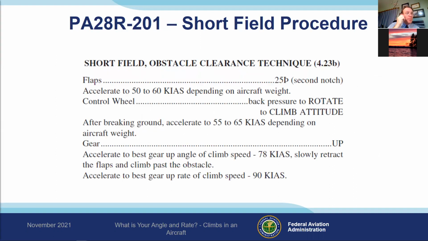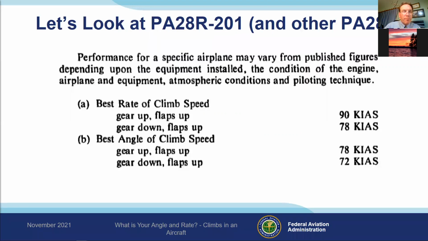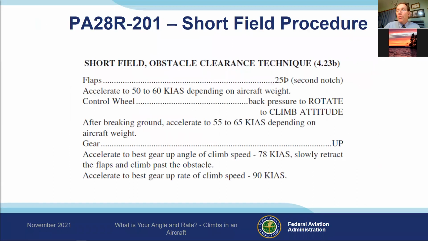In fact, the PA-28 is interesting because you start taking a look at short field, and nowhere does it talk about best rate or best angle, especially with the flaps down. Yet when you go to do the short field takeoff, it tells you to have the flaps at 25 degrees.